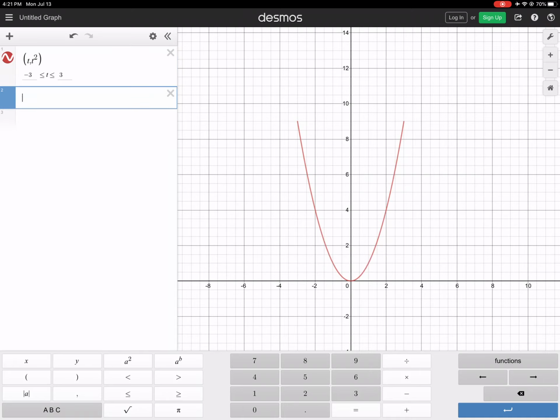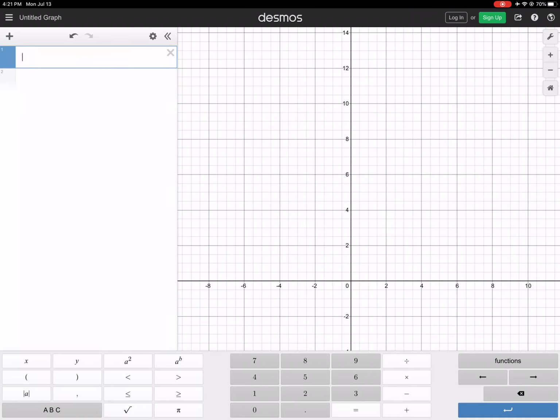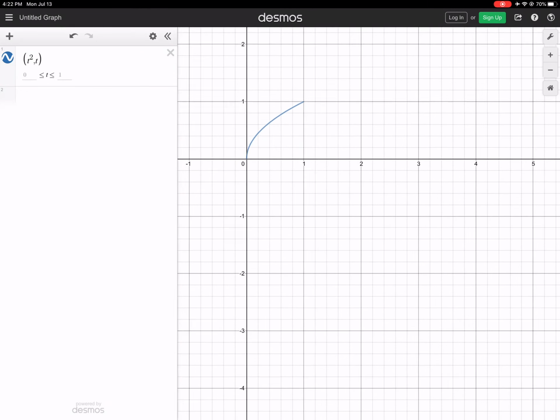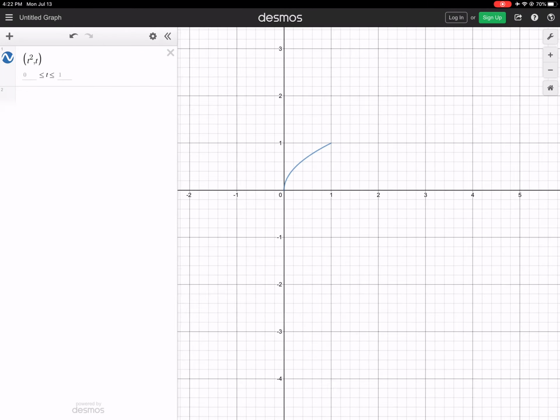What's interesting, let's go ahead and cross that out now. And let's make our next foray into parametric equations. We're going to go t, and I'm going to square both of them. And you may be thinking, what? Well, by the way, do you see when I do that, I get what looks like the beginnings of the square root.